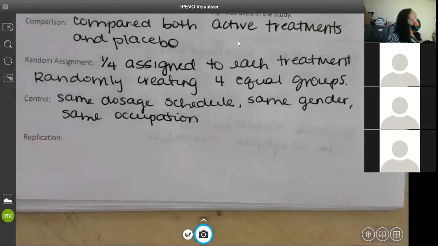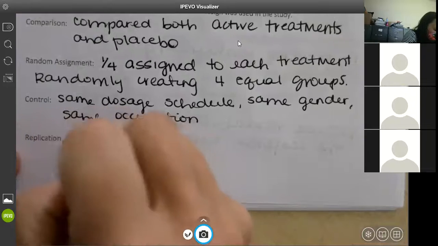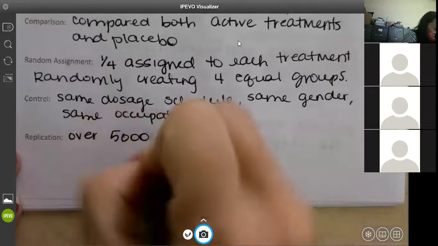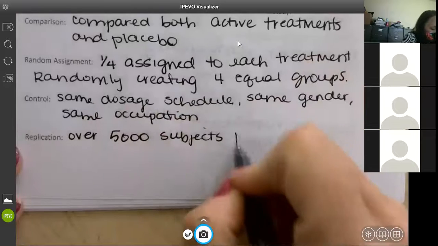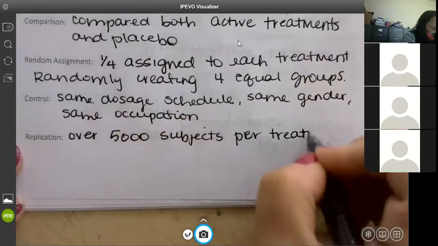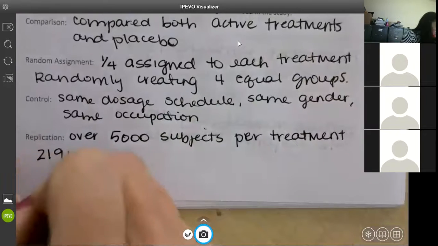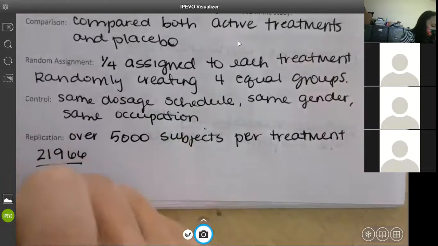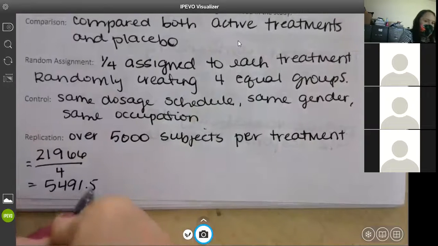Let me throw this out here too, because this is exactly the same in every single one of them. There were over 5,000 subjects per treatment. How did I get that? 20,000 something divided by the four treatments. 21,966 into four groups is 5491.5.